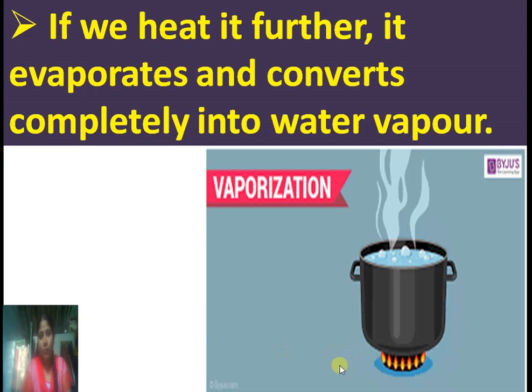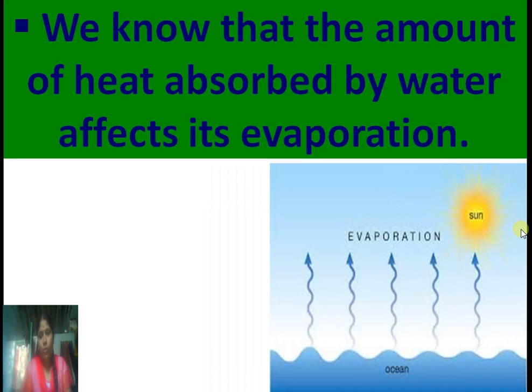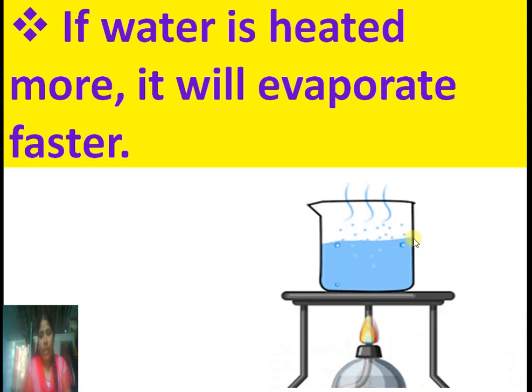If we heat it further, it evaporates and converts completely into water vapor. We know that the amount of heat absorbed by water affects its evaporation. If water is heated more, it will evaporate faster.